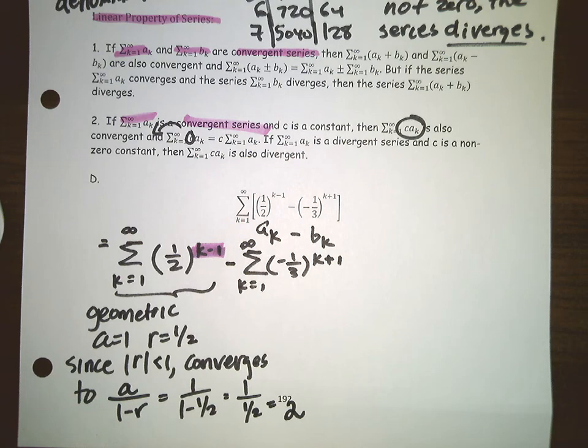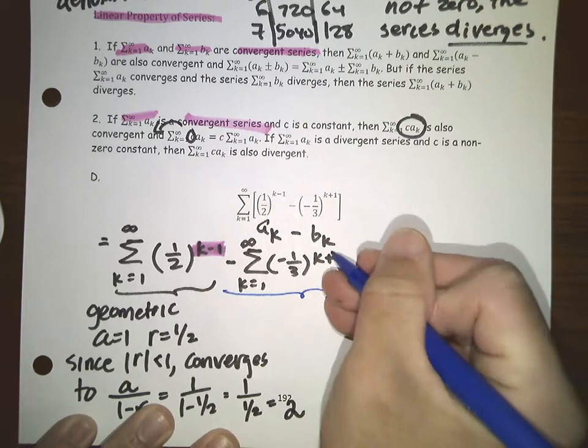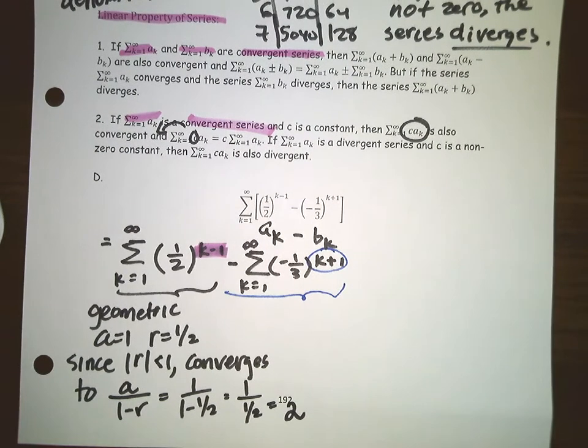Now I look at the other part here. This has an exponent of k plus 1, so I need to pull out a term to make it k minus 1 power.